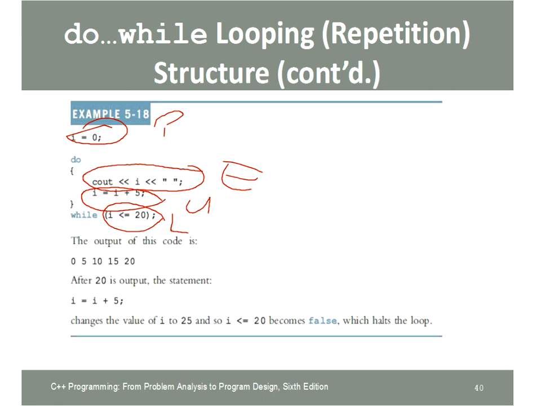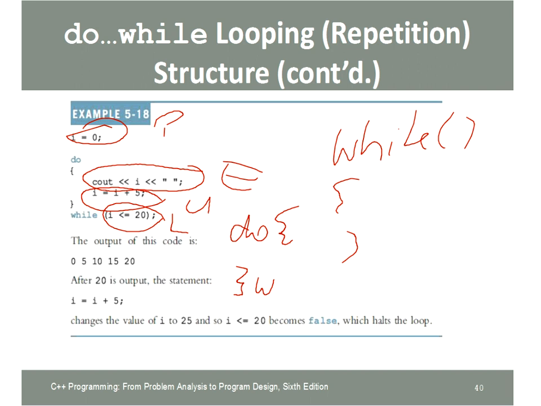Now, one thing you need to consider here: if we have a while loop, when we have the expression, you start the body of the while loop and then you finish it. Now with the do while, we start with the keyword do, and then we establish the body of the loop, and then we use the keyword while, then we have the logic, and then we have to put the semicolon at the end.